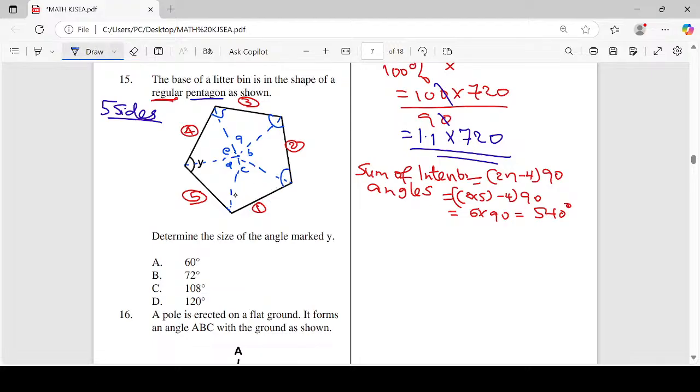So what you need to know: in a regular polygon, all interior angles are equal.